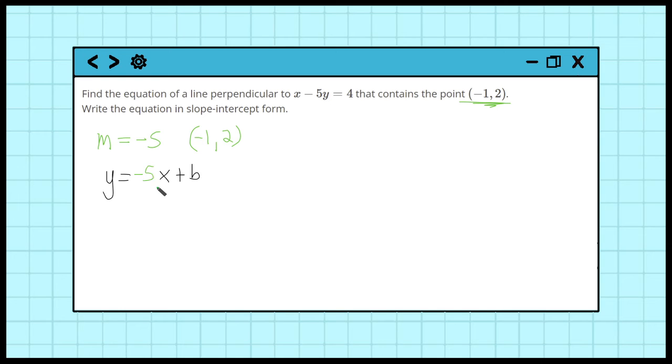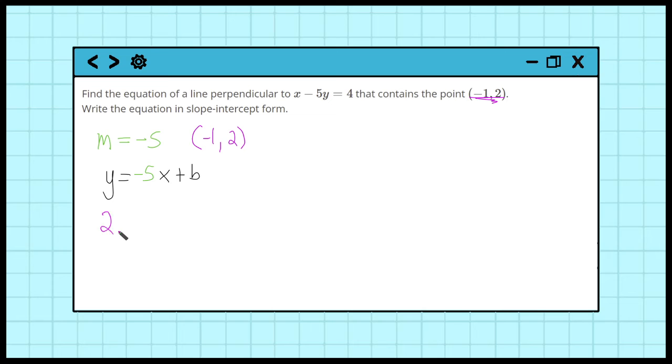So y equals -5x plus b is the general form of the equation, except that I don't know the b value. Now I am going to do just a quick color code here, -1, 2, because I'm going to now substitute my known point into this.